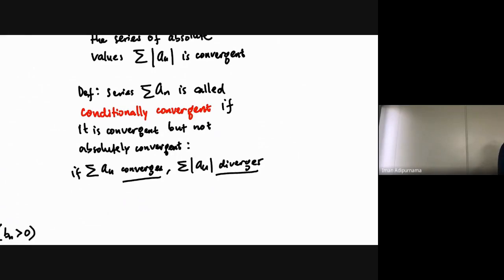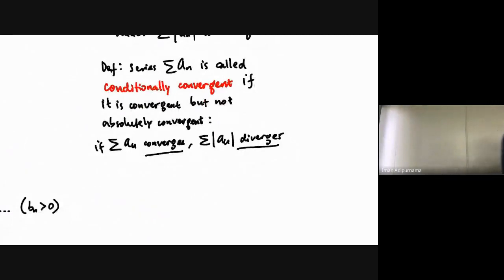This is what we call the status of the convergence. If an converges, but if we look at the absolute value and it turns out it diverges, then we call this case conditionally convergent. So it may converge, but if we look at the absolute value, it will be divergent. Just definitions.